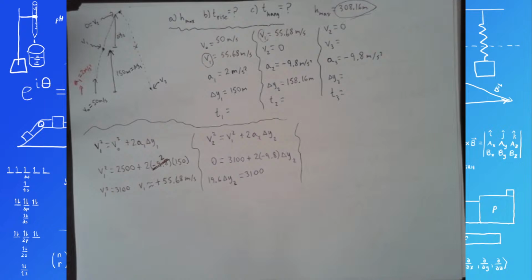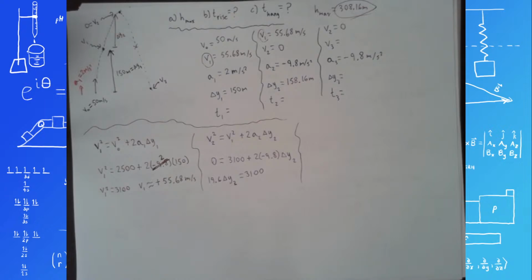You have two options. One option is to use the second equation of kinematics, which I do not recommend because it leads to having to solve a quadratic. Sometimes you can't avoid that.